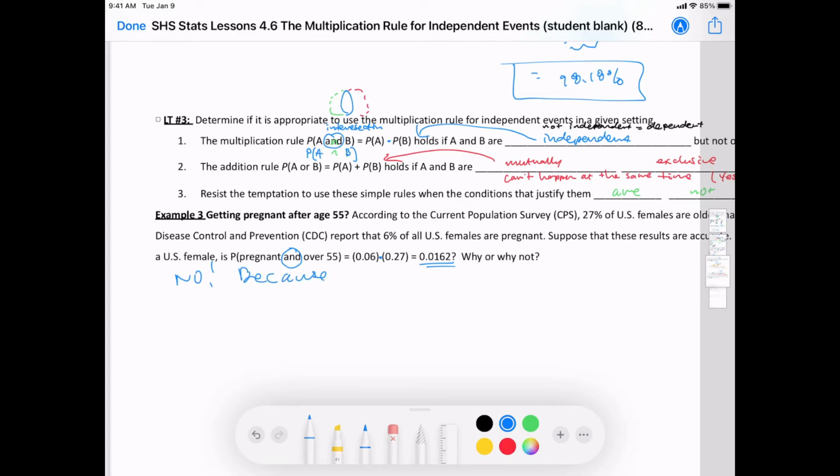Because being older than 55 and being pregnant are not independent events.